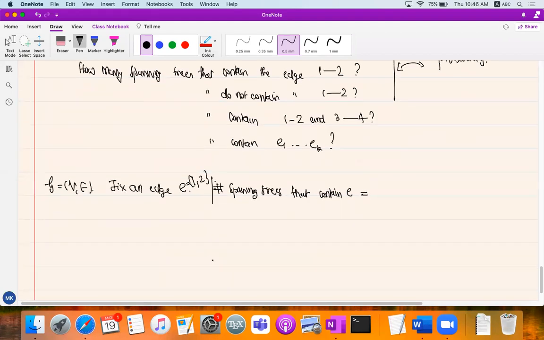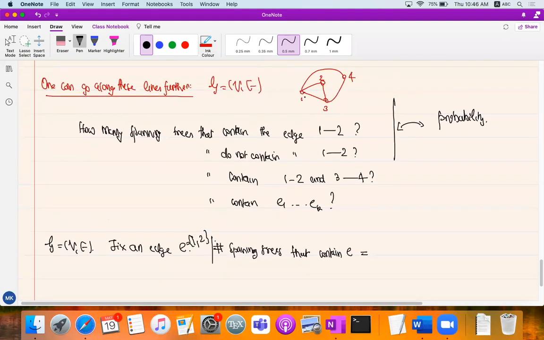The answer is yes. Let's look at this example. If I force that edge to be there in my spanning tree, then what happens? More or less, those two endpoints become the same vertex.